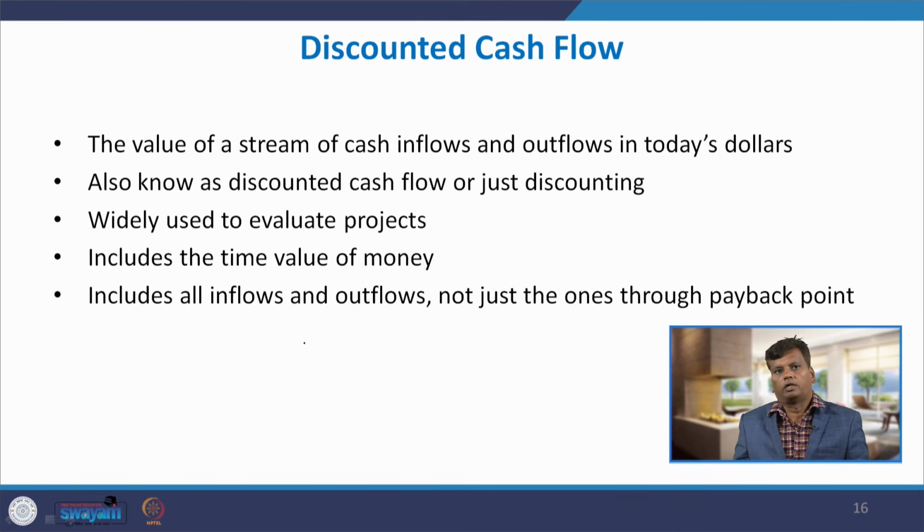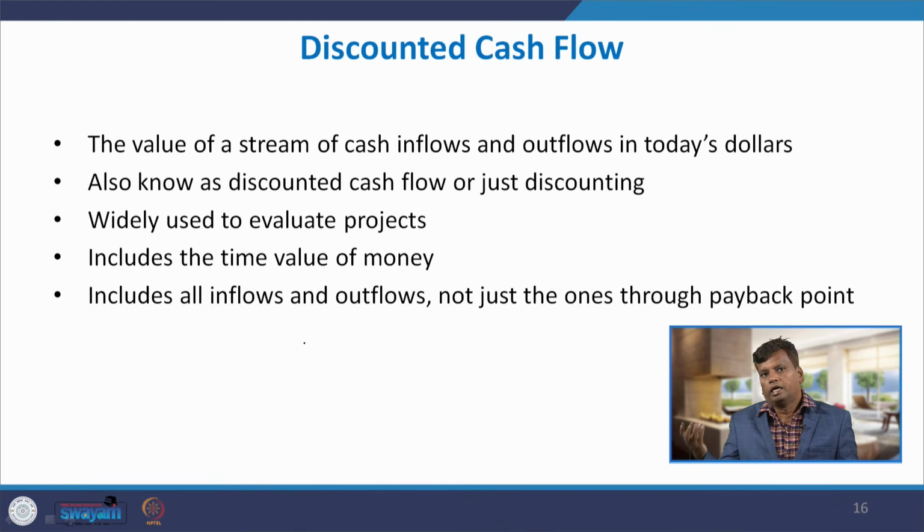Next, we will go for discounted cash flow. The value of a stream of cash inflows and outflows in today's dollar is nothing but NPV, net present value. In a project, there may be different outflows. Outflows means the amount which goes out of our pocket, and inflows means the amount which comes to your pocket.